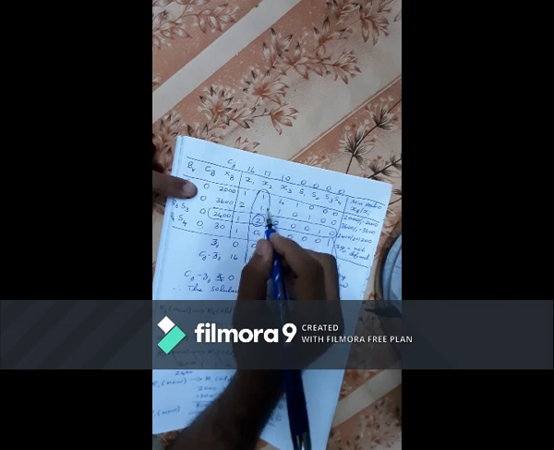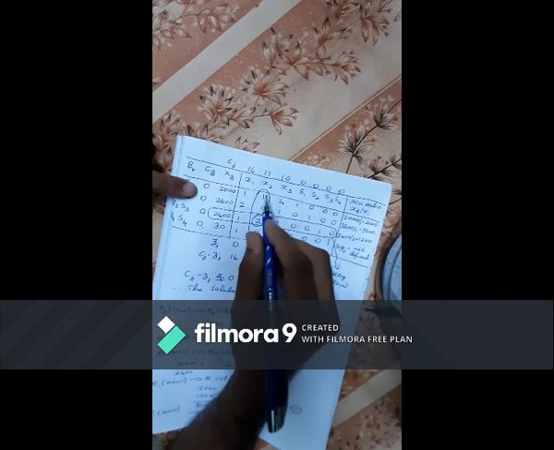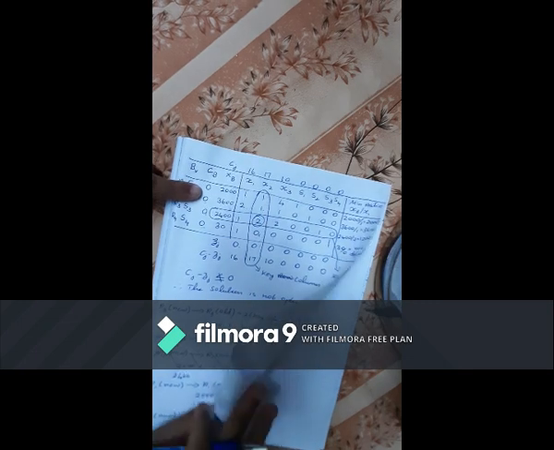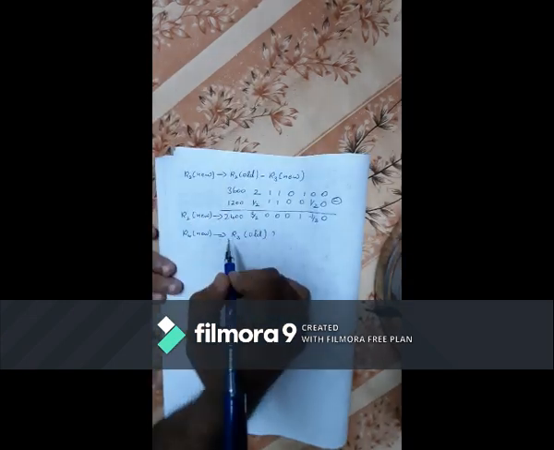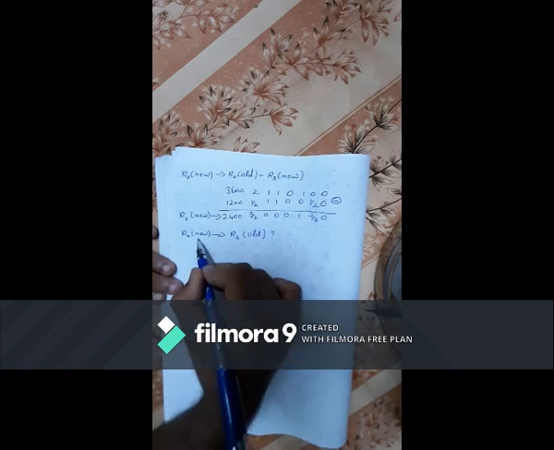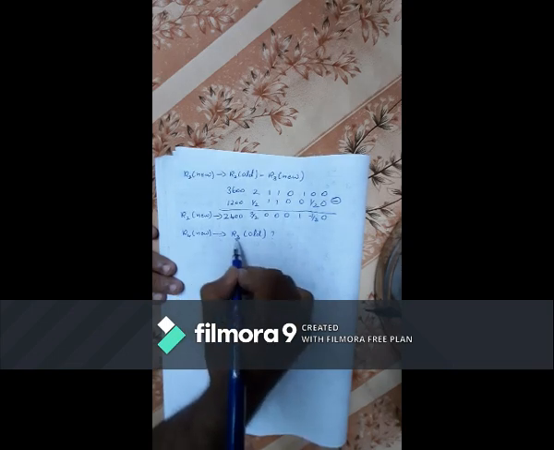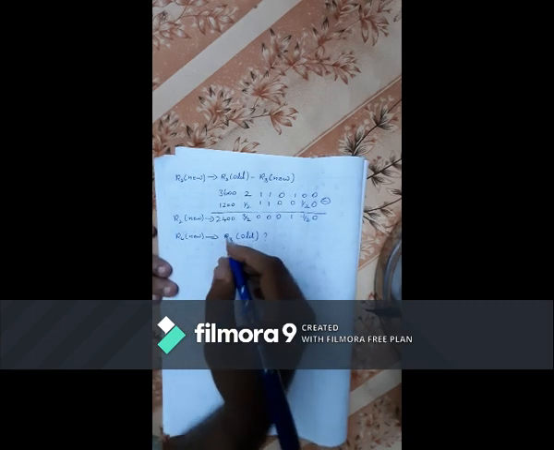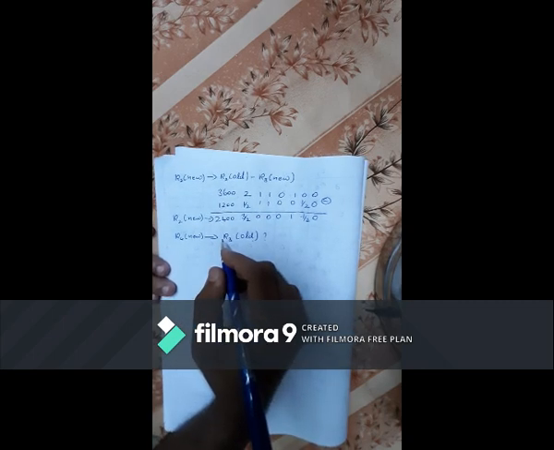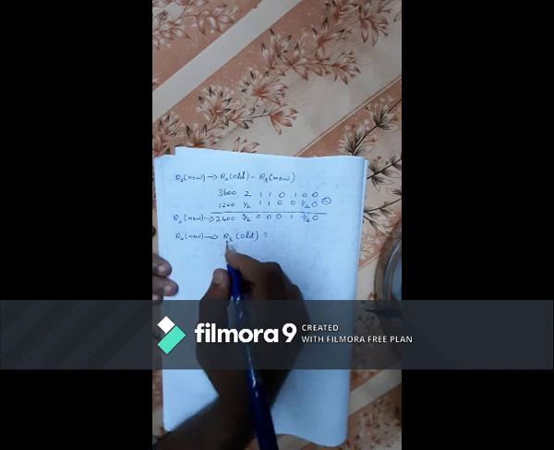Here the values were 1 and 1, so we did the calculations so that these are changed into zeros. So here R4 new is R4 old. So we have calculated the new values for the new simplex table.